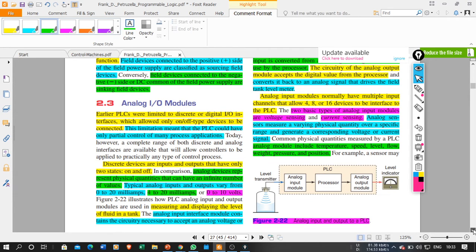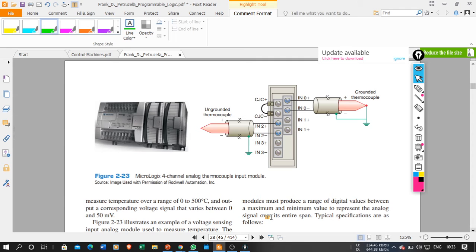Okay, so for example, a sensor may measure temperature over the range 0 to 500 degrees centigrade and output a corresponding voltage signal which varies between 0 to 50 millivolt. ओके, एक एक्झाम्पल जर घ्यायचं मला, तर आपण एक सेन्सर कन्सिडर करूया, अ टेम्परेचर सेन्सर.